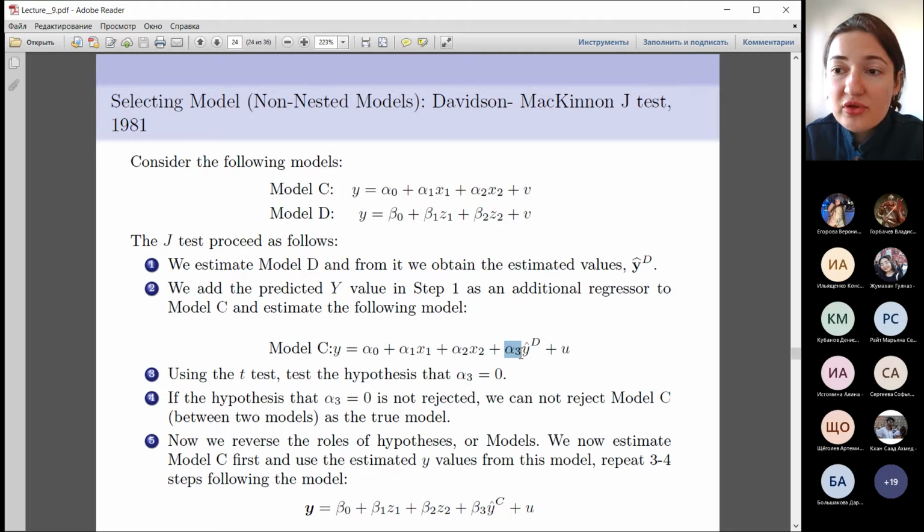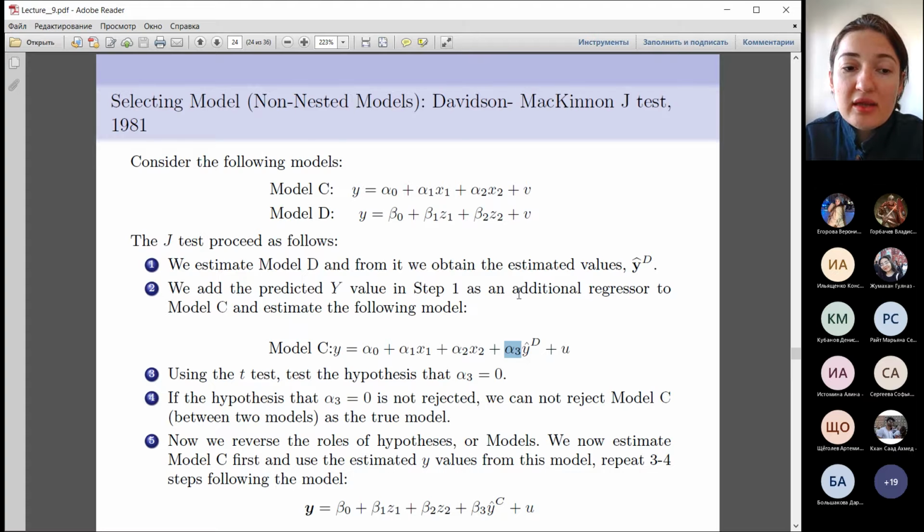So if you do not reject this hypothesis, you can use a t-test for this purpose, yeah? If the null hypothesis is not rejected, we cannot reject model C if we choose between these two models as the true model.